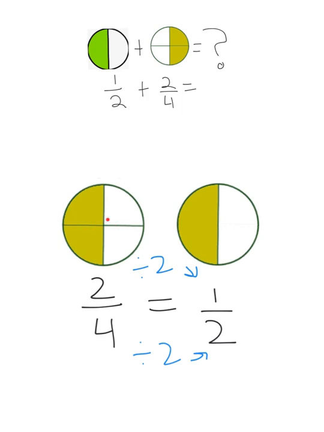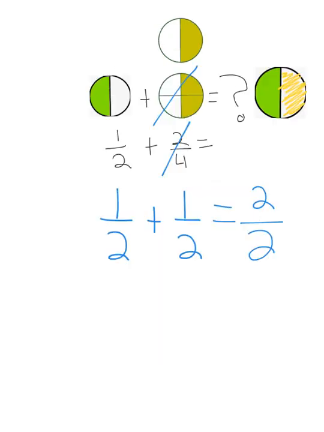Notice you could just imagine erasing that line, the same amount's colored, or we could do like we learned previously using multiplication and division. 2 divided by 2 is 1, 4 divided by 2 is 2, 1/2. So suddenly we have a fraction that's equal to 2/4 that has the same denominator, the 2, the half, as we were trying to add, and this piece will fit nicely in there.